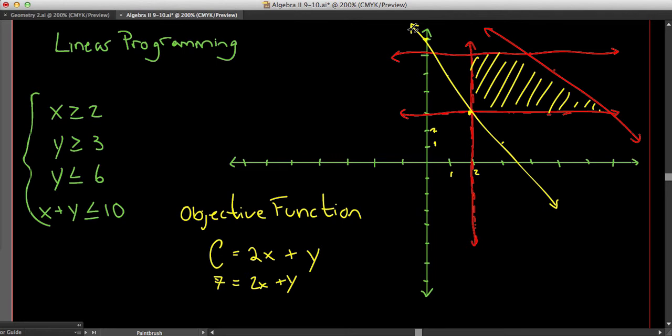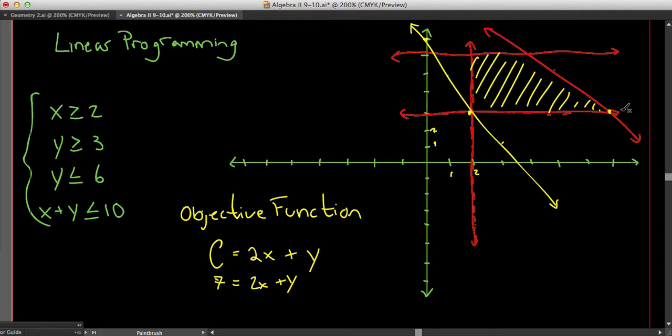Then our maximum function would be the line that would cross through this vertex here, because the line that's going to cross through that vertex is going to be parallel to the line that we just drew. So we're always looking at the vertices, and that is going to maximize our objective function in the feasible region, the constraints that we're given.